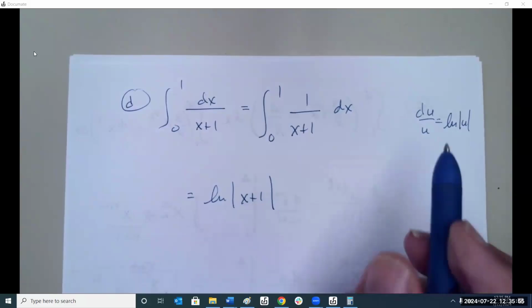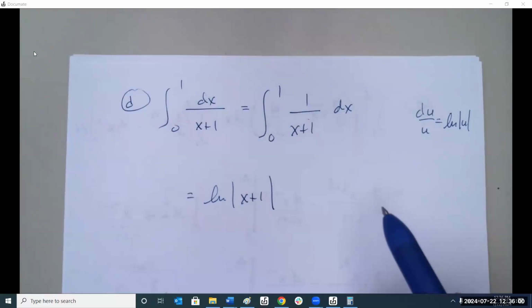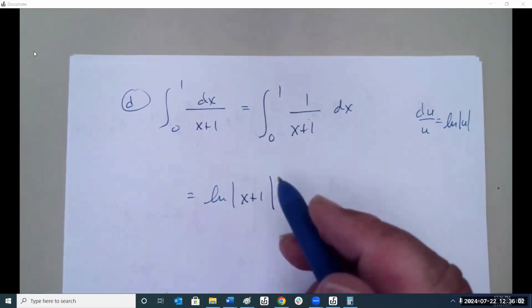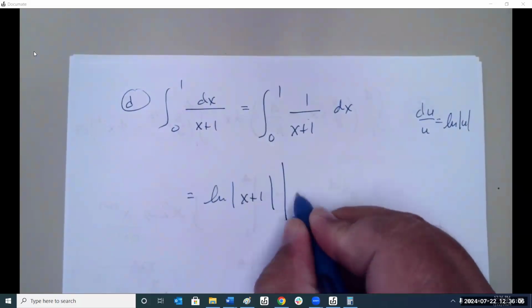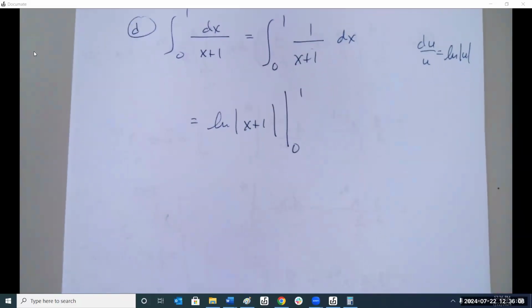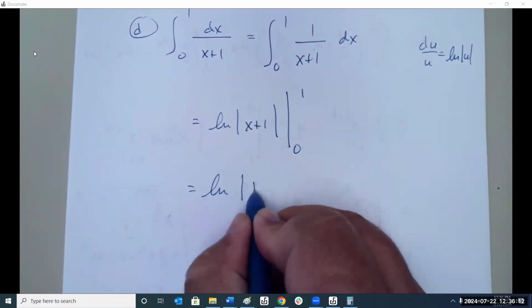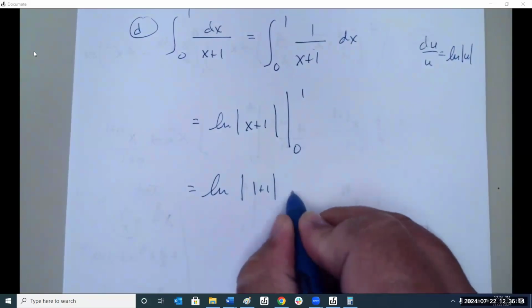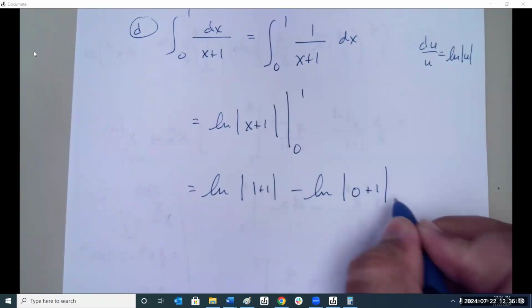The reason we use absolute value is because this can be negative. This is from 0 to 1, so it's ln of 1 plus 1 minus ln of 0 plus 1.